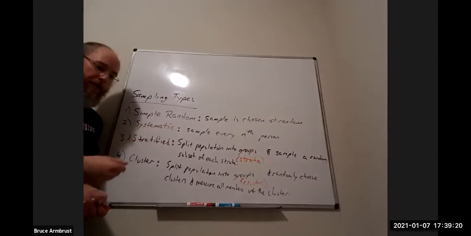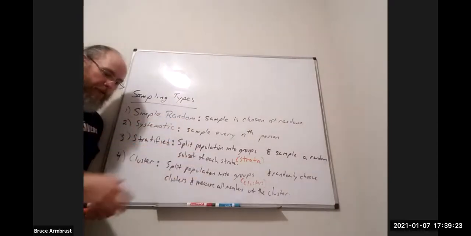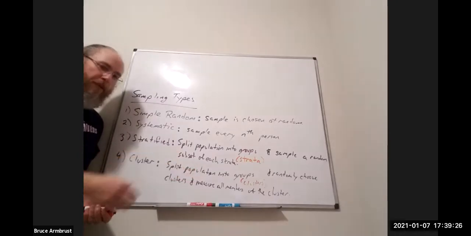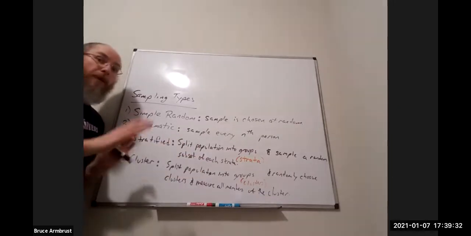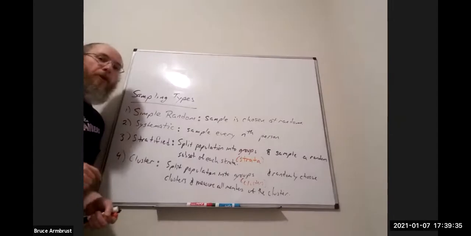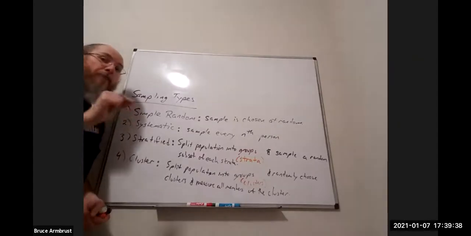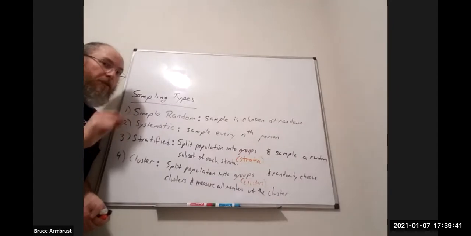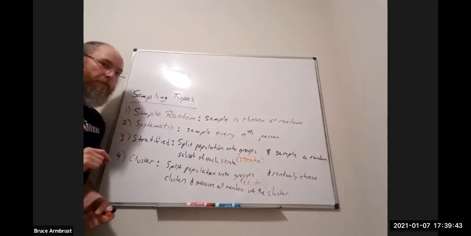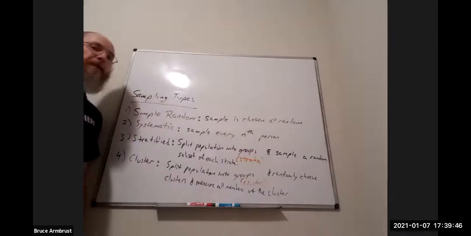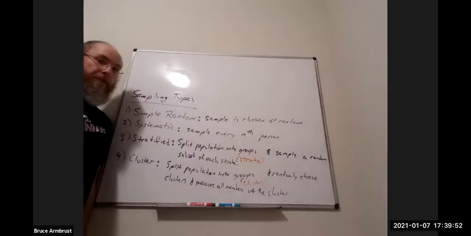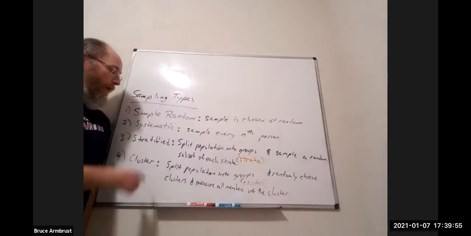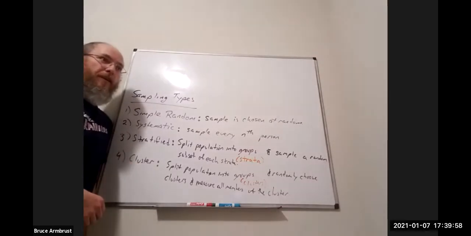So I roll my dice and, oh, look, okay, calculus, you're in that list, and oh, section 3 of statistics is in that list, and oh, math 152A. All right, so I randomly pick some of the classes, but then I go and I sample, I measure every single person in those classes. Now with cluster sampling, the randomness is in the choice of the clusters, whereas with stratified, the randomness was the choice of people in each of the groups.